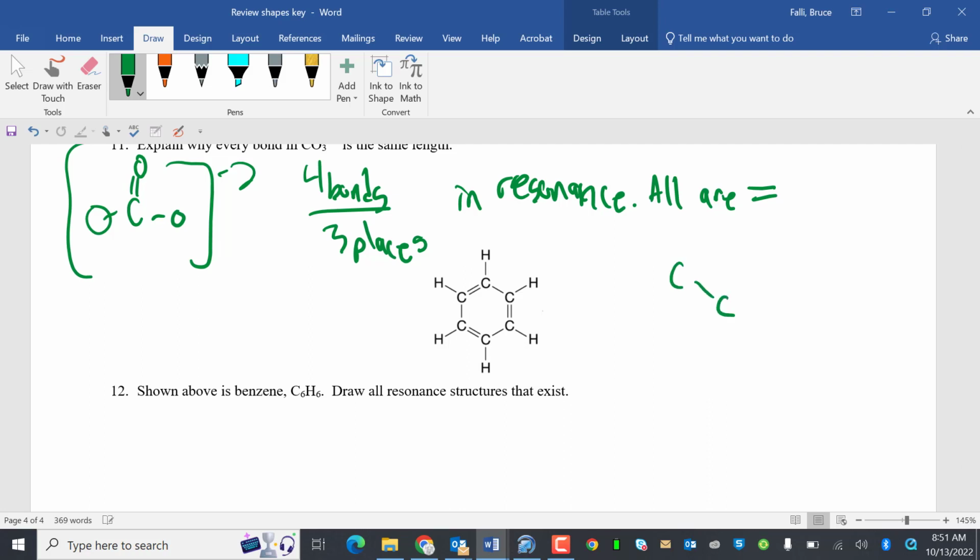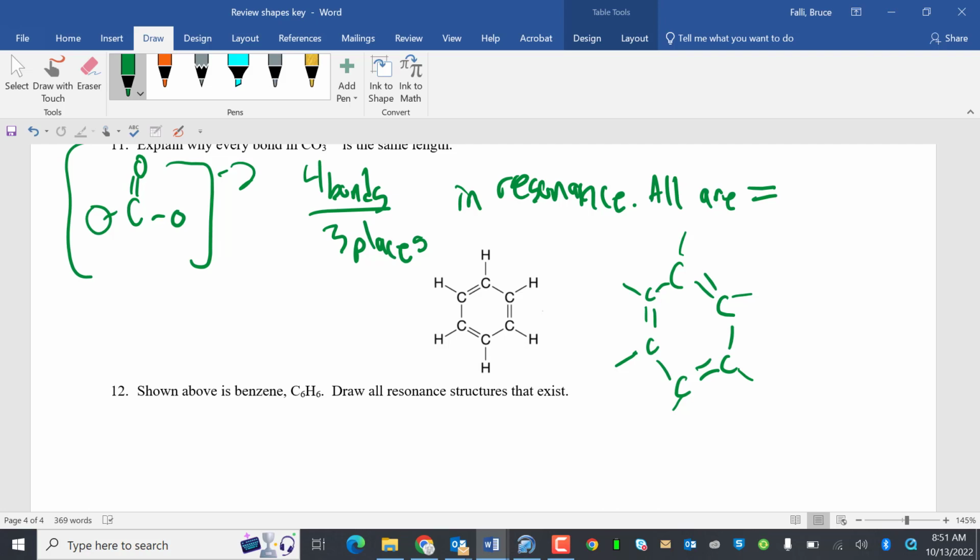Carbon, carbon, carbon, carbon, carbon, carbon. So we have the double bond here, so we're going to move it one spot. If we do every other one like that, that's one of them. And there's the H sticking off. Oh man, there's a lot more of these than I thought.